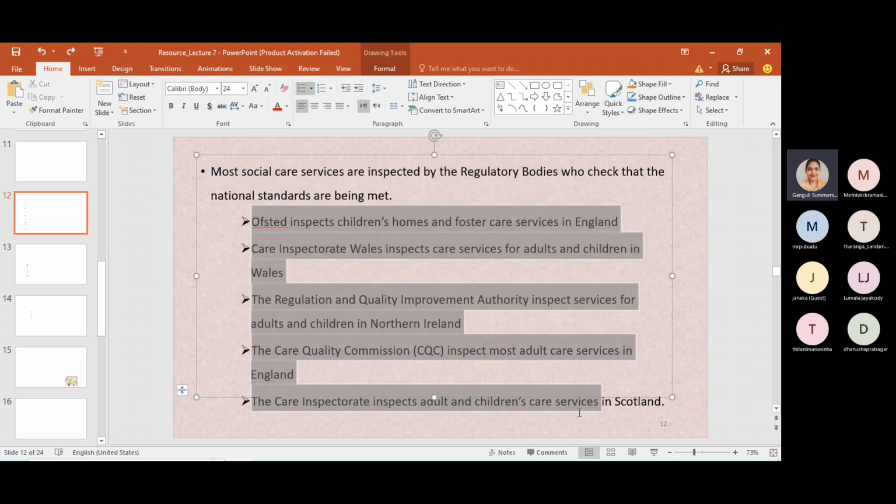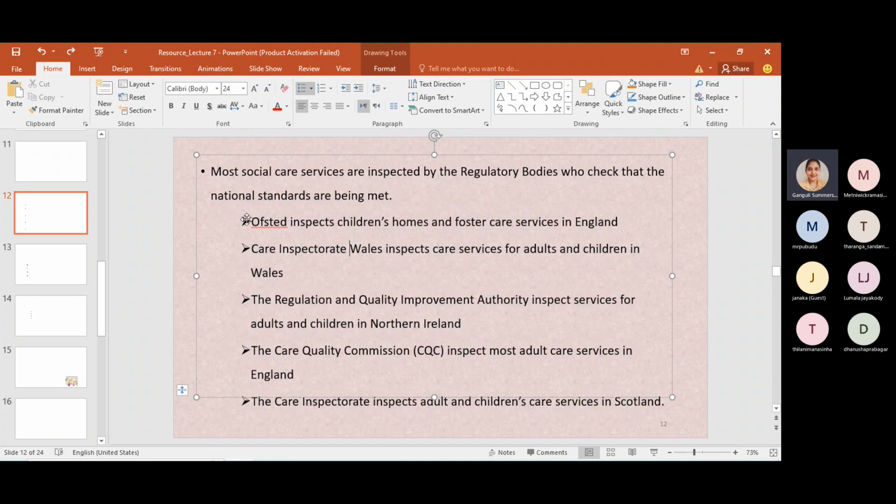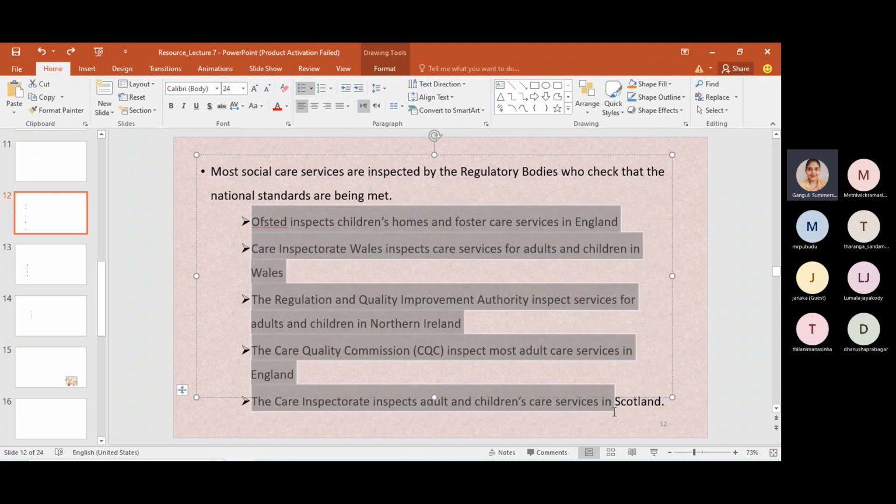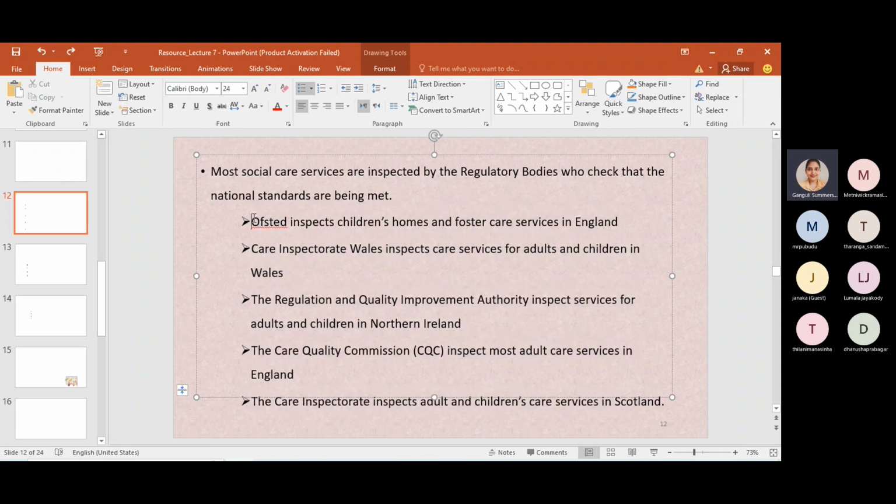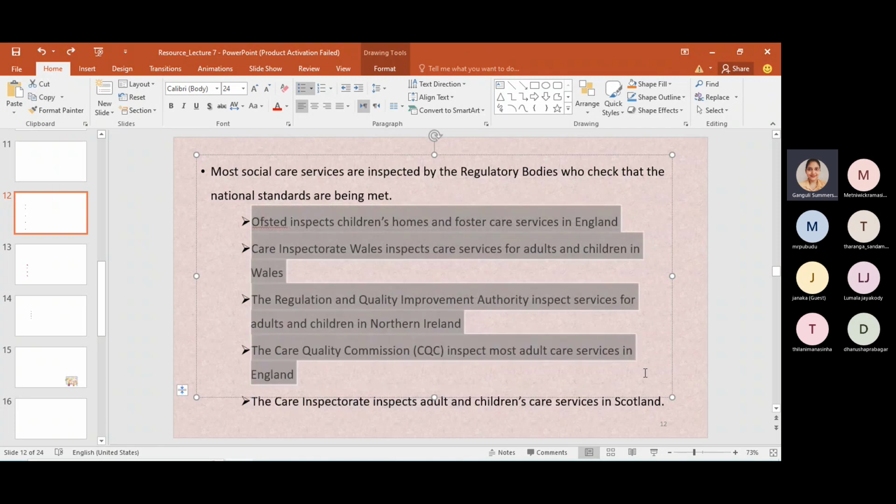In these 5 points, you can see a list of regulators in the United Kingdom, the regulators related to health and social care.